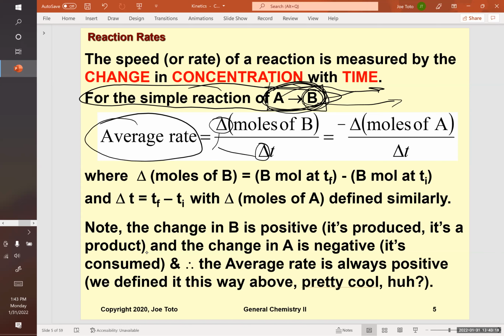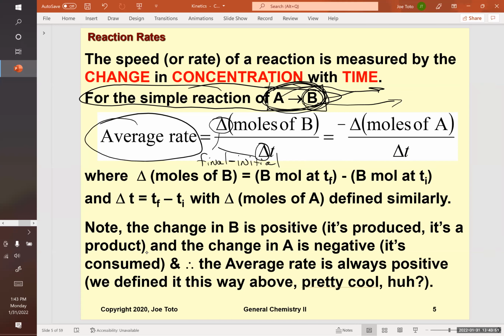What does delta mean? Change over time. Yeah, specifically the final minus the initial. So delta moles would be the final moles of B minus the initial moles of B, over the change in time that number of moles changed.